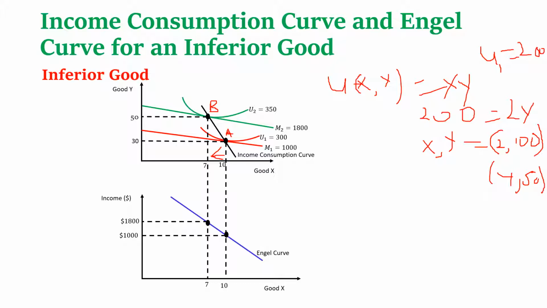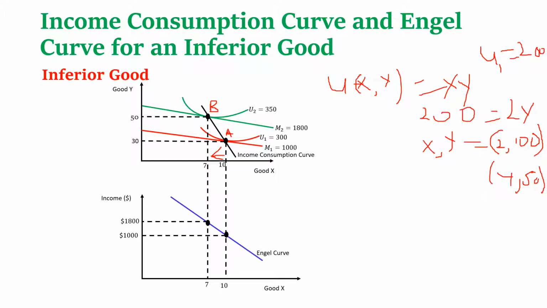But what happens to good Y when the income of the consumer increases? He consumes more of good Y. So that tells us that good Y is a normal good. But in this case, good X is not. Whereas good Y is a normal good, good X is an inferior good, because he consumes less of good X when his income increases.